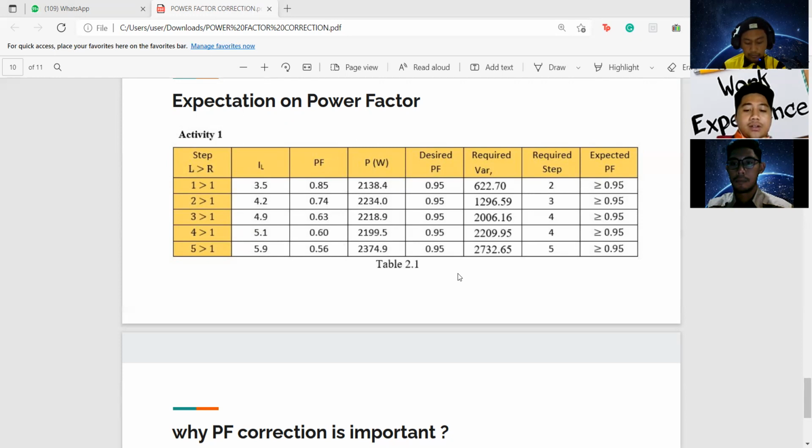So as a result, the expected power factor, of course, should be 0.95 and above, because the desired power factor is 0.95, which is the objective. So the expected power factor should be the same or more, and it cannot be less.